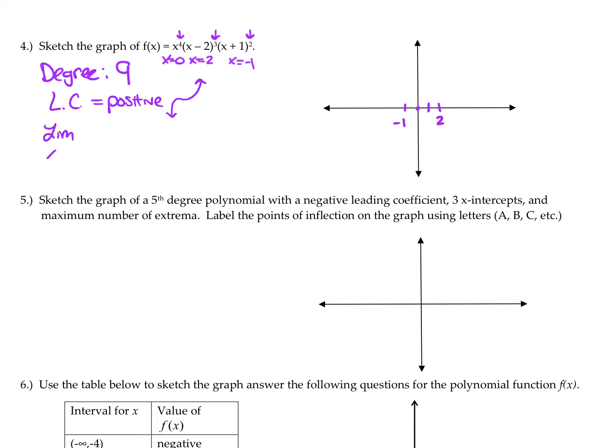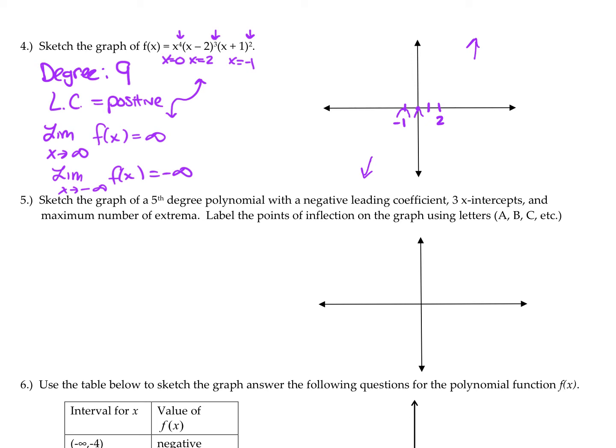So that means my limit as x goes right, my function will be positive. The limit as x goes left, my function will be negative. So at this end it's got to go down, and at this end it's got to go up. And at this point it's going to bounce, and this point it's also going to bounce.